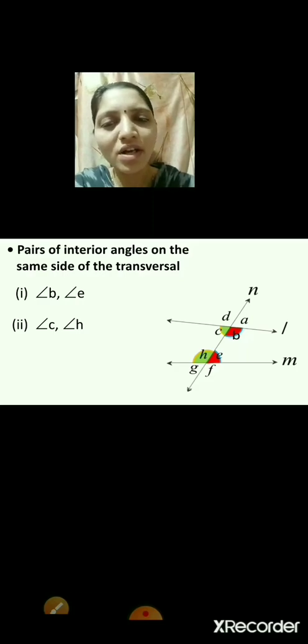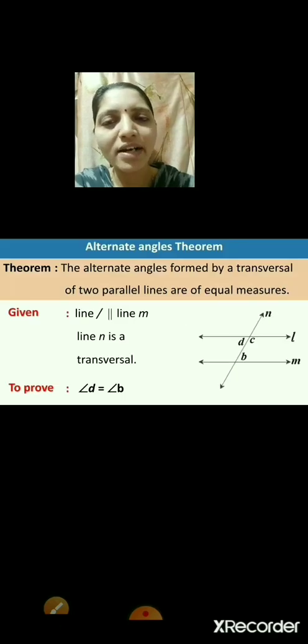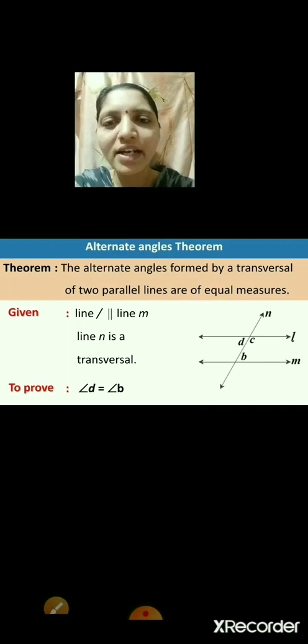Now let's understand the alternate angles theorem, which states that the alternate angles formed by a transversal of two parallel lines are of equal measures. Here what is given to you?